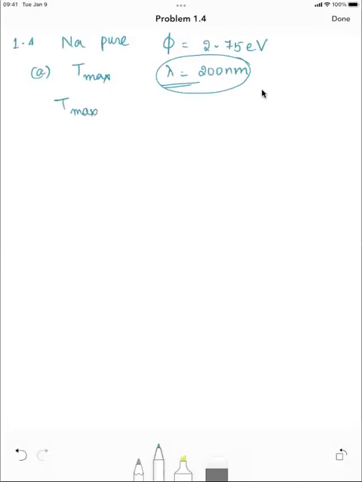So the maximum kinetic energy would be hc by lambda minus the work function.